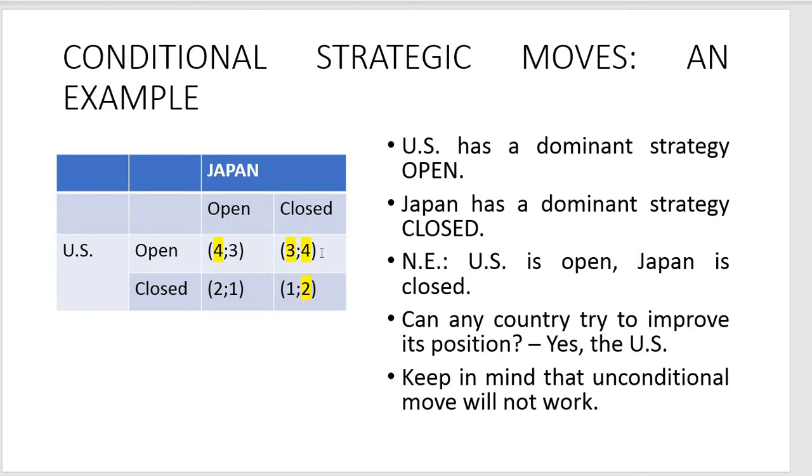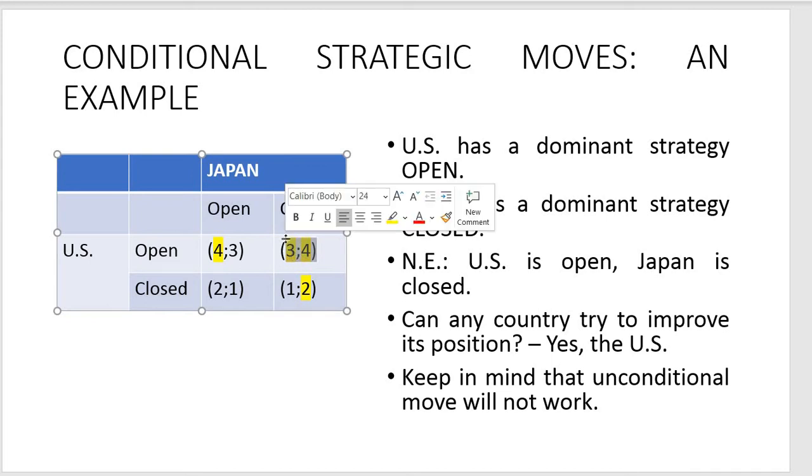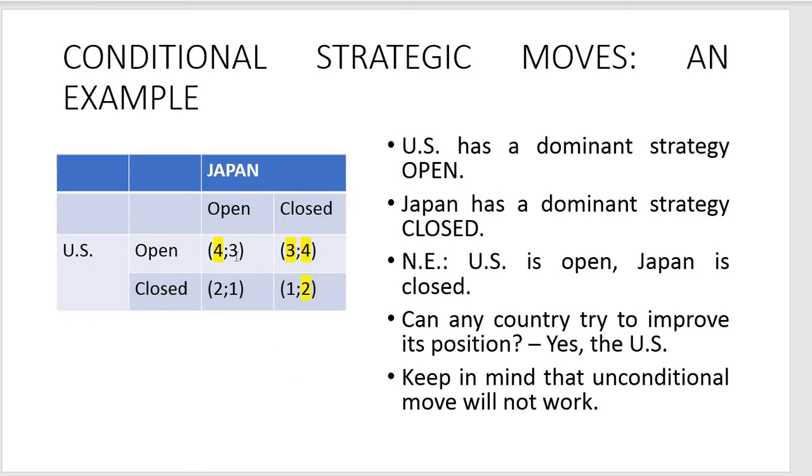So in this case, the United States can try to introduce some conditional strategic move. And keep in mind, this is the Nash equilibrium. So Japan can get 3, 1, 4, or 2, and for Japan, the Nash equilibrium corresponds to the best possible outcome.